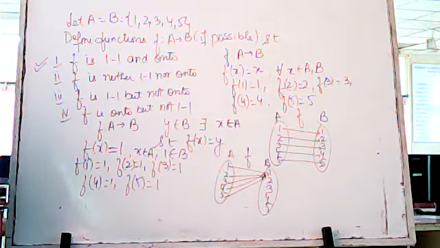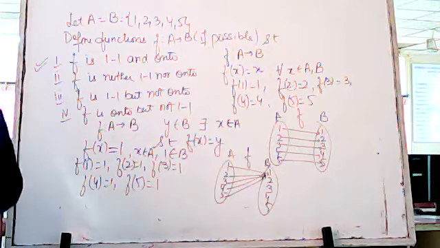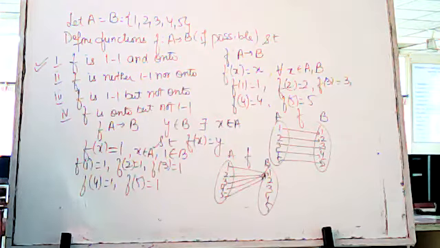Third part is the, since A equals to B. Third part में प्रूफ क्या करना है? f is 1-1 but not onto.